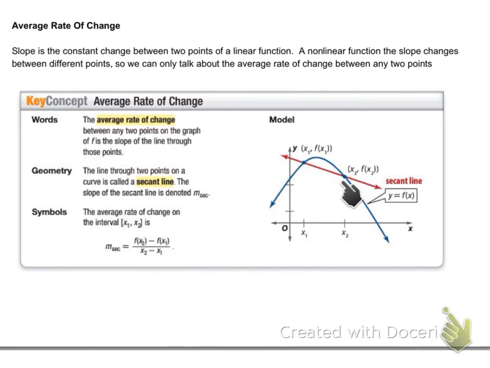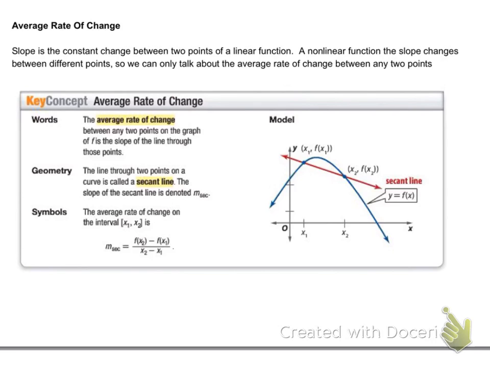Does that slope give you a good representation of the actual slope of that particular function? No. But over x1 to x2, the slope is going down, and you can tell that the function is decreasing.